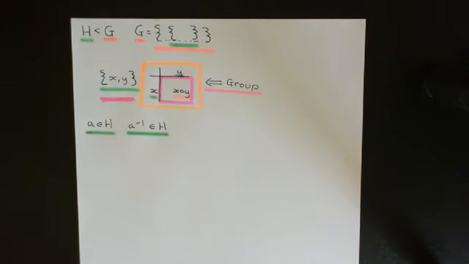So you need to include these pairs of elements, i.e. an element and its inverse element. Right, so that's what a subgroup is.